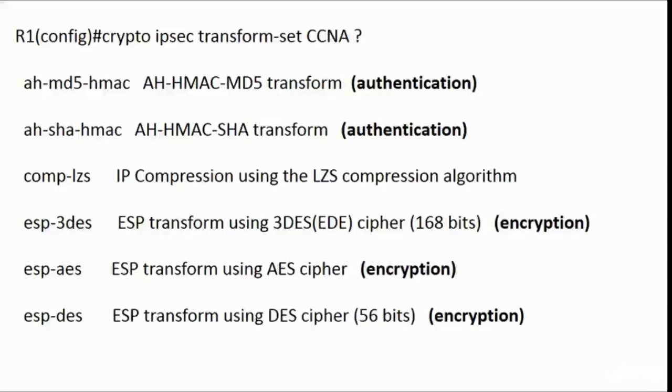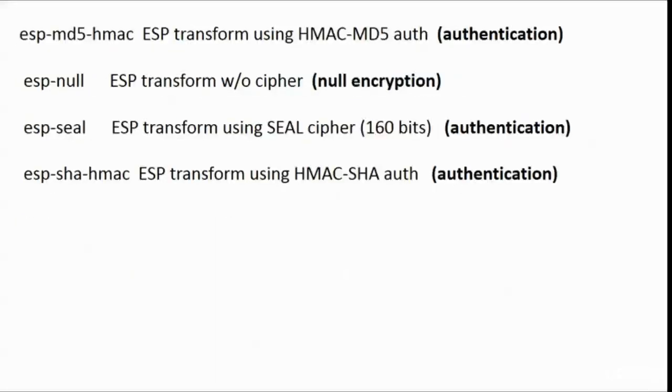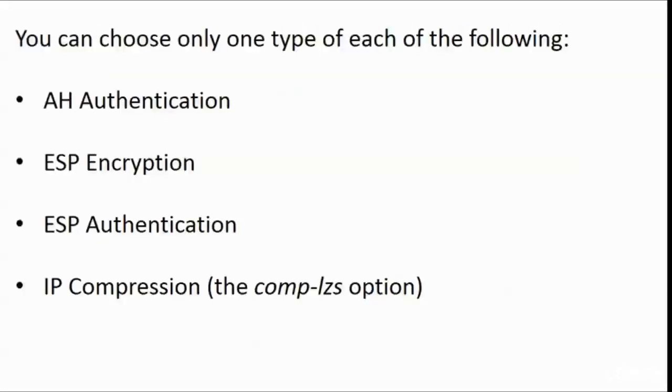You'll see they're using ciphers that we've talked about before with DES, 3DES, and AES. And we've got another authentication here using MD5, and then you have a null encryption option, a SEAL cipher, and then finally an ESP transform using HMAC SHA authentication.